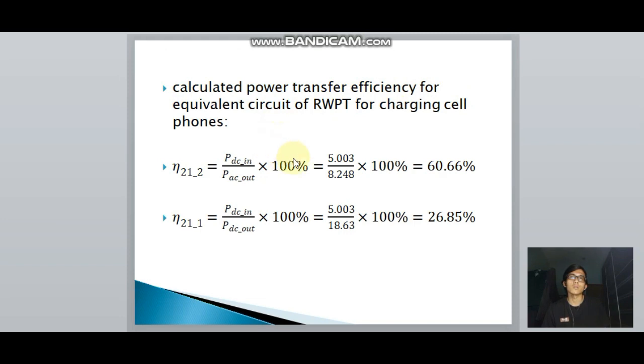After we run the simulation, we can calculate the power transfer efficiency of the circuit. For the transmitter part we get 60.66%, and for the receiver part we get 26.85%, which is a decreased value of the efficiency.